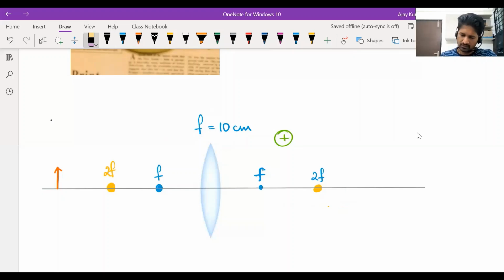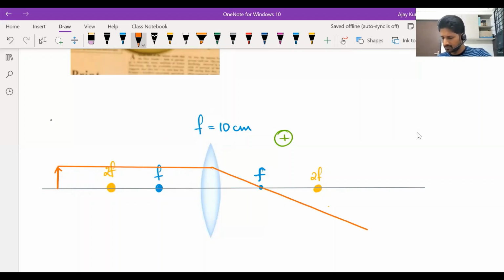Okay, let's say these points are marked F and 2F. If the object is beyond 2F, basic ray tracing: one ray parallel to the principal axis passes through the focus on the other side. The other ray goes directly through the optical center and passes without any deviation.